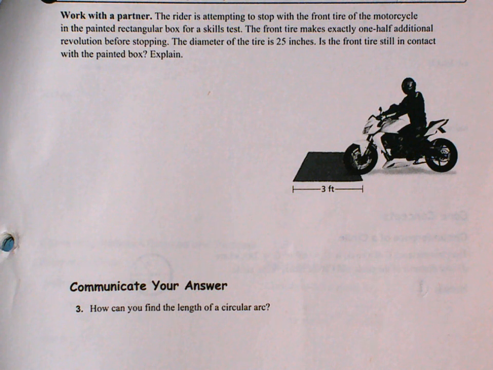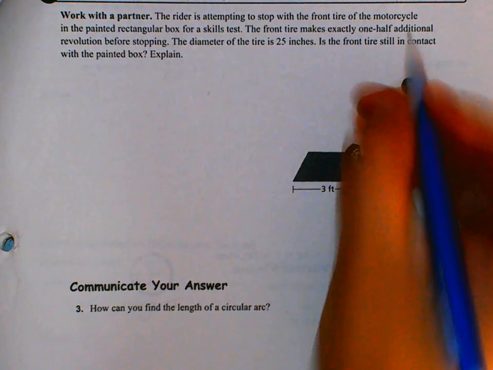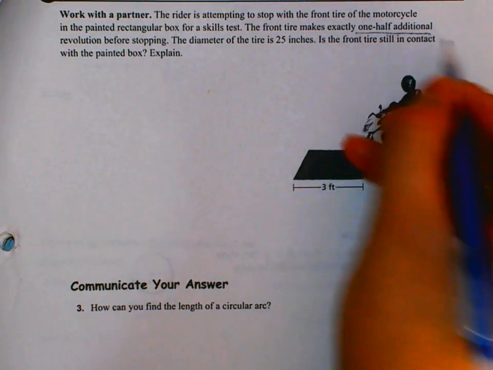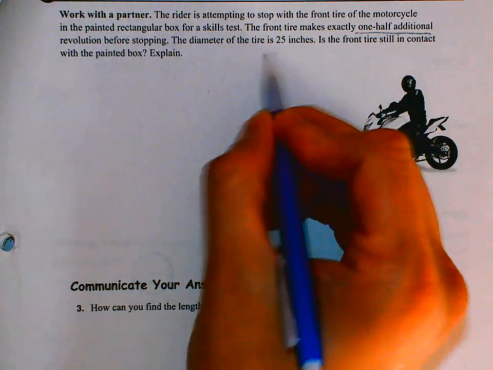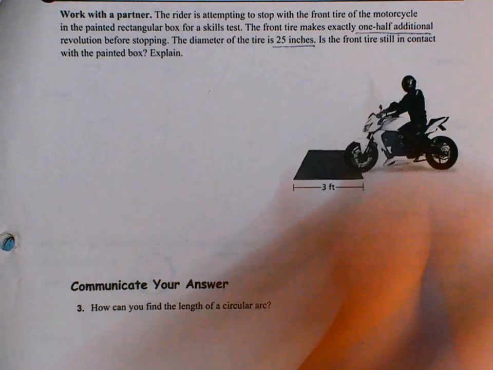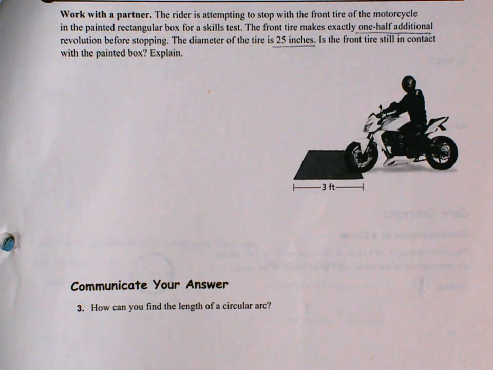The front tire makes exactly 1/2, keyword 1/2, additional revolutions, meaning full turns, before stopping. The diameter of the tire is 25 inches. Is the front of the tire still in contact with the painted box?